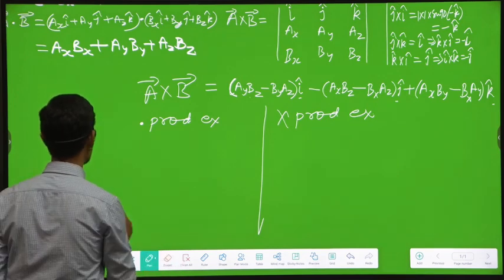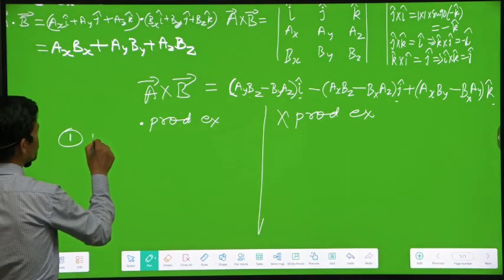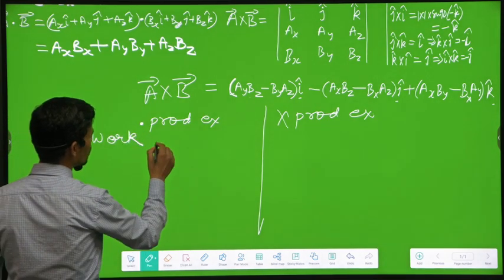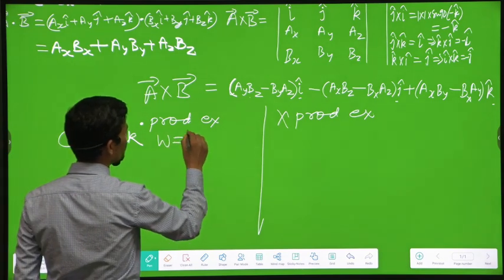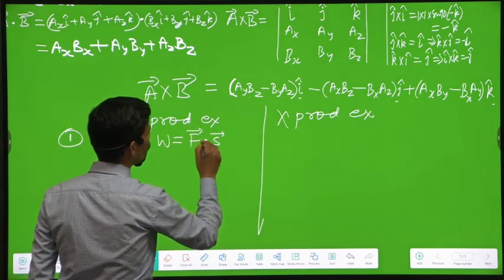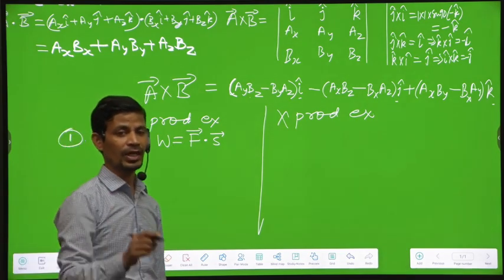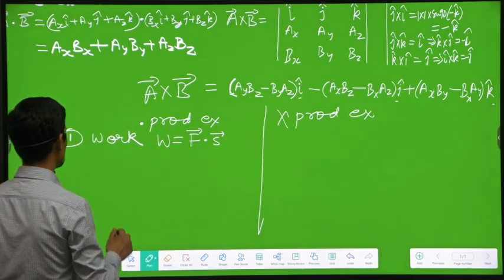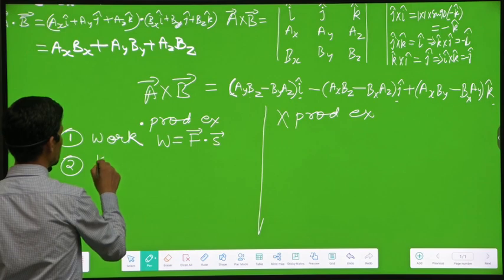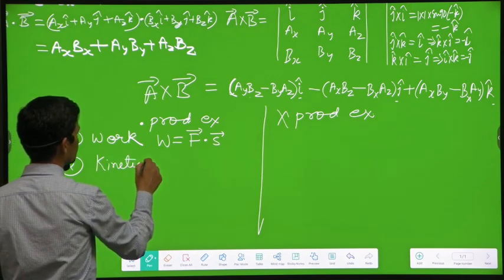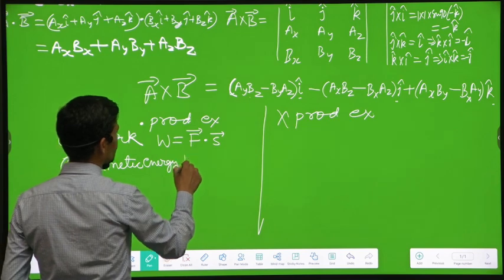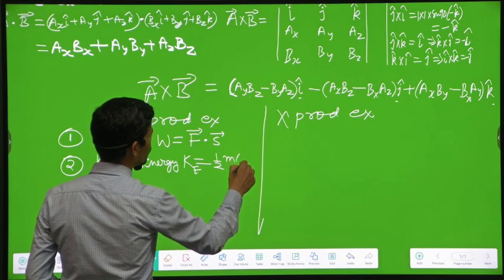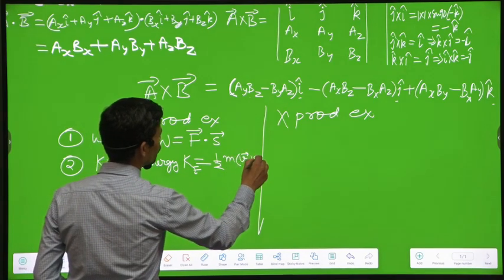So, dot product examples. First example is work. Work is W equal to F dot S. Force and displacement both are vectors, and work is a scalar quantity. There's another: kinetic energy, KE equal to half m v dot v.